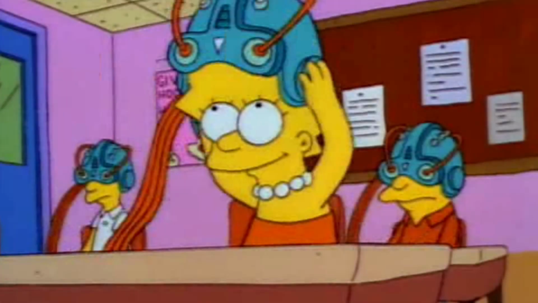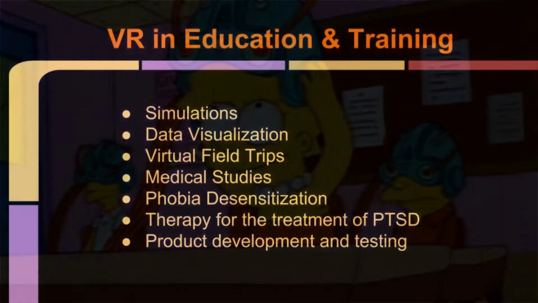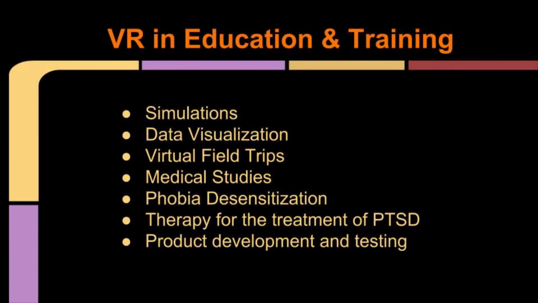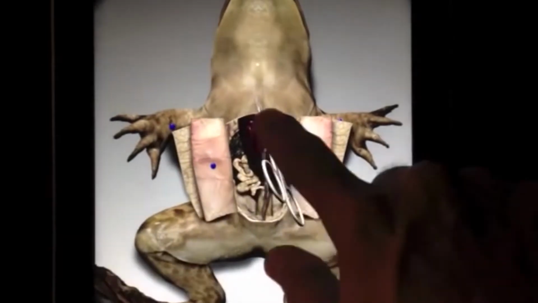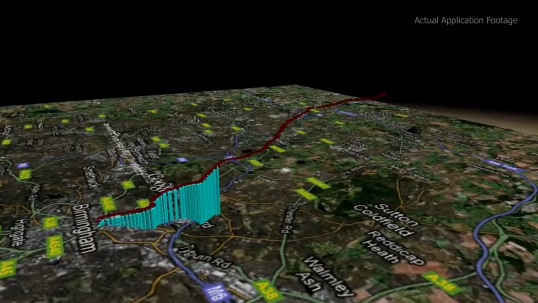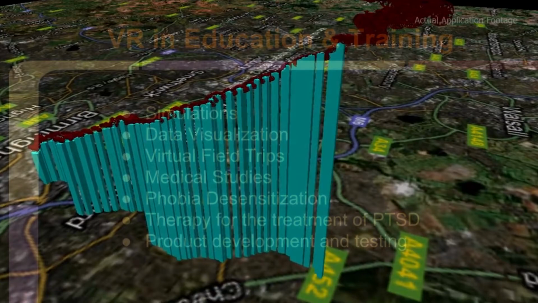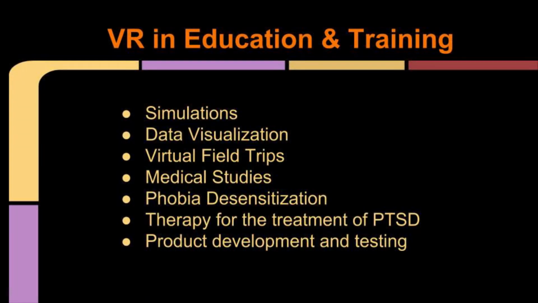Virtual reality in education and training can encompass a number of different areas, from simulations such as dissecting a virtual frog to data visualization, or as it was mentioned in the earlier video, going on virtual field trips. Students studying medicine can use virtual reality to learn how to diagnose a virtual patient or perform virtual surgeries.